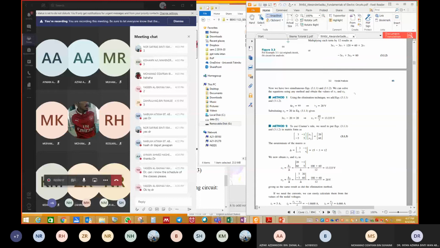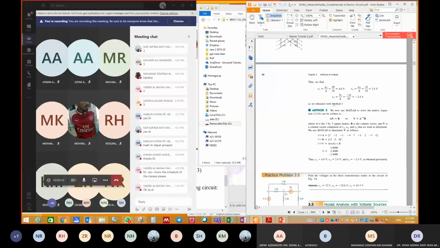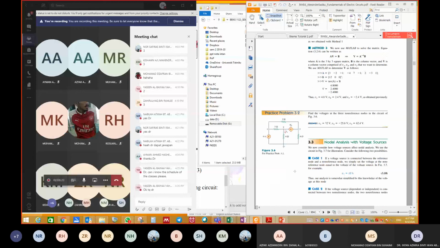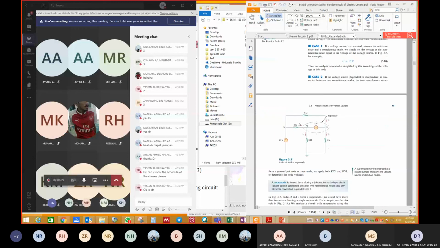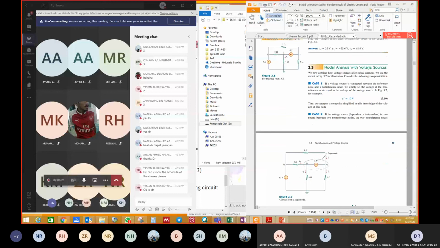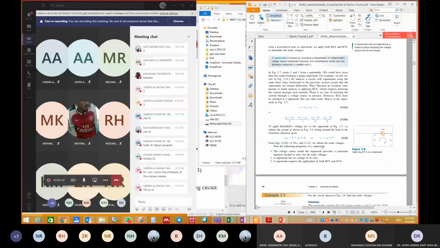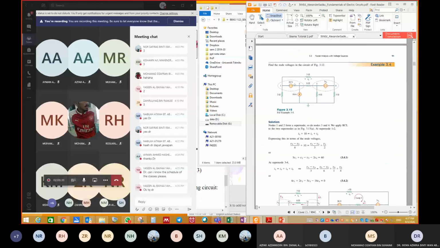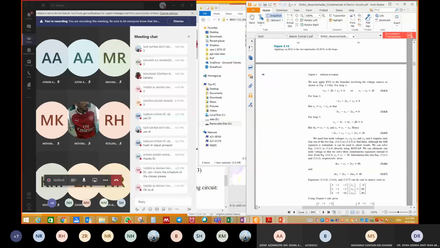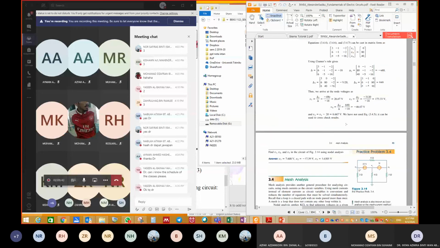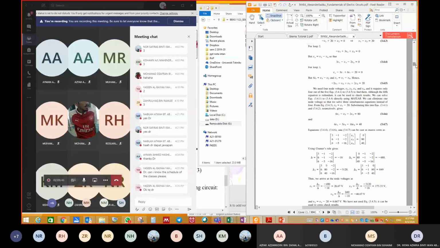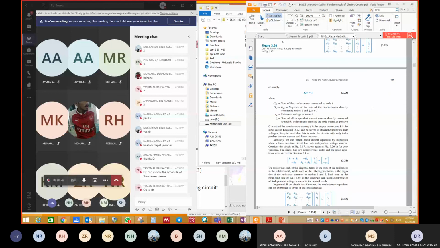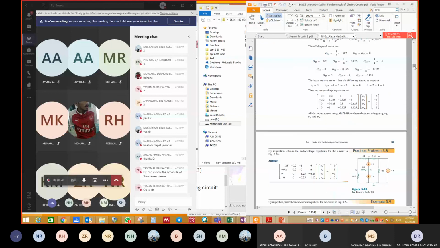We do not cover super node. Super node is a voltage source located between two nodes. So we did not cover super node. Mesh. Many questions there. You may try it.